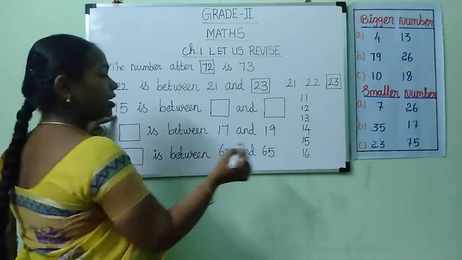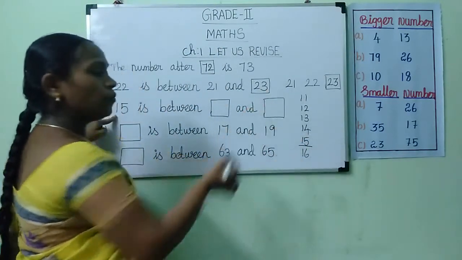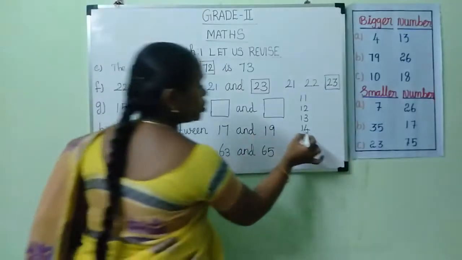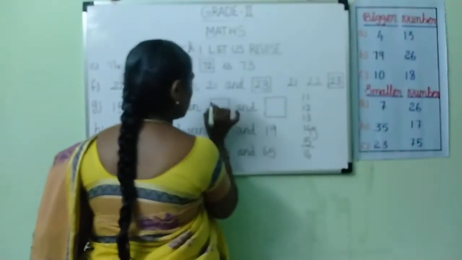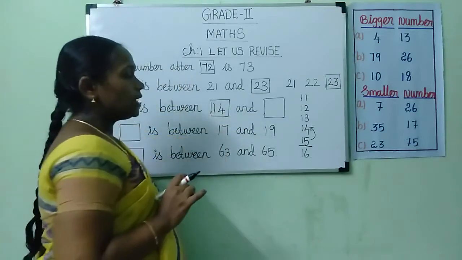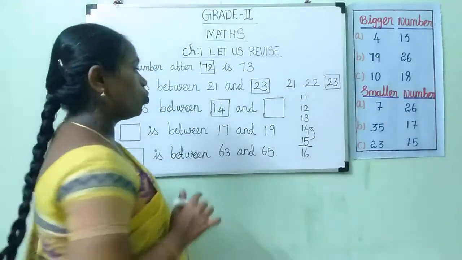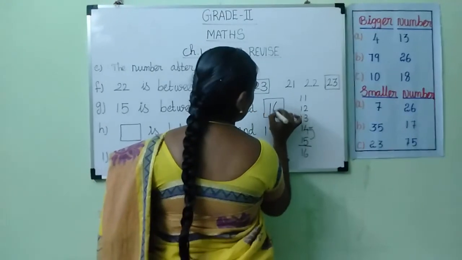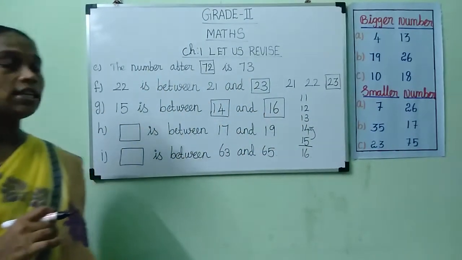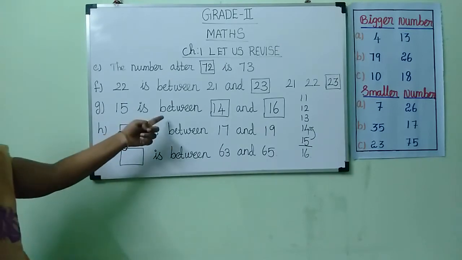See here given 15. 15 before, yes, 14. So the first number is 14. Next number is 16. 1, 6, 16. Are you clear, children? So how to write this between number?